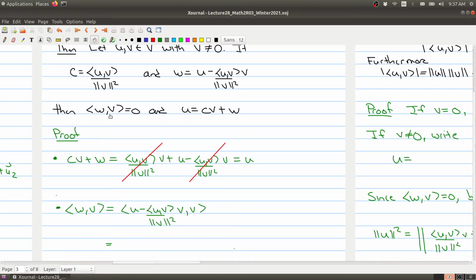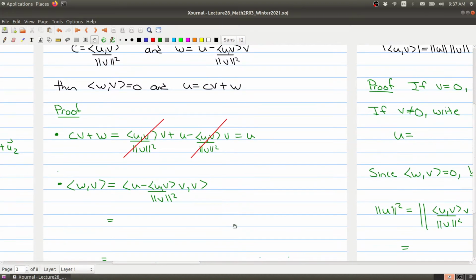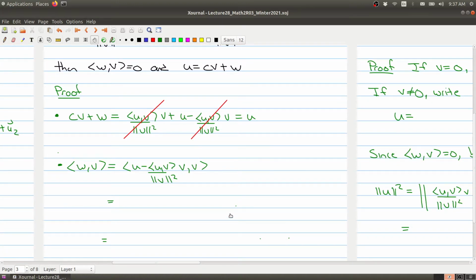Now for the other part, we want to show that w and v are orthogonal. So the way that we do that is, what is w? Oops, I erased too many things here. What is w equal to? w is equal to this vector right here. And now we apply our properties of inner products. So this is equal to the inner product of u and v minus the inner product of u and v over the norm of v squared times the vector v, with the vector v.